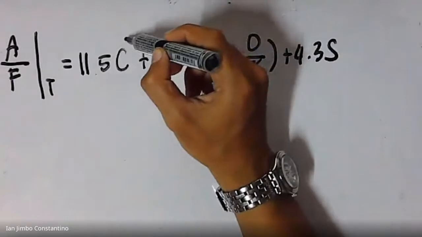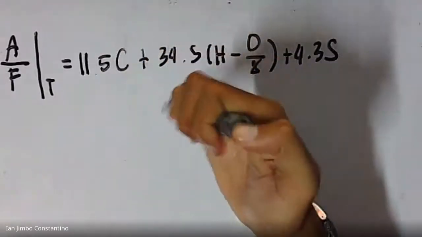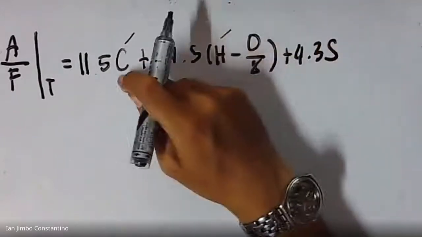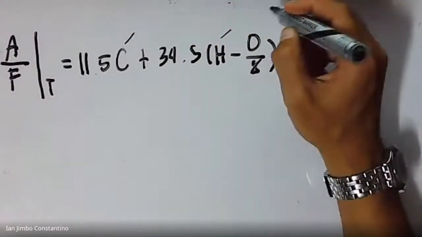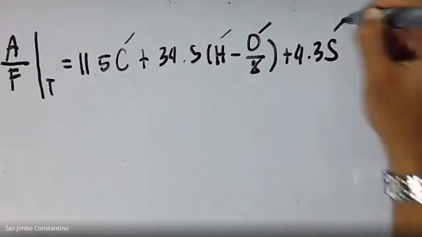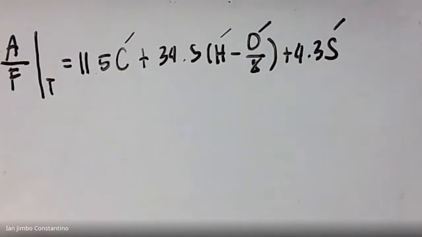Now, since we are given percentages of mass in terms of the chemical composition of the elements, we will have them in decimal form.